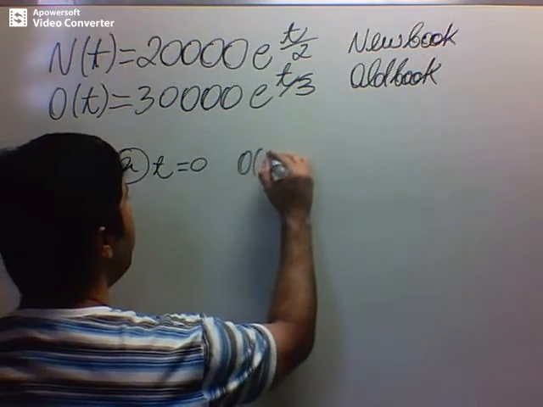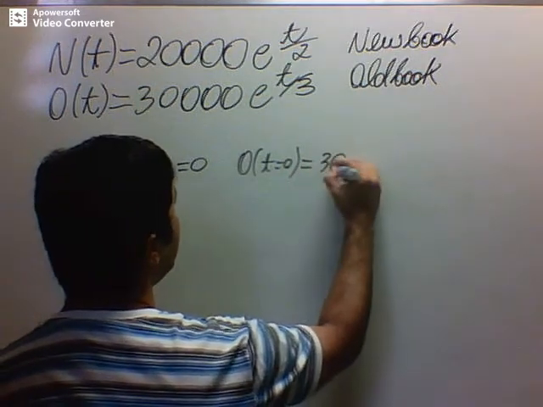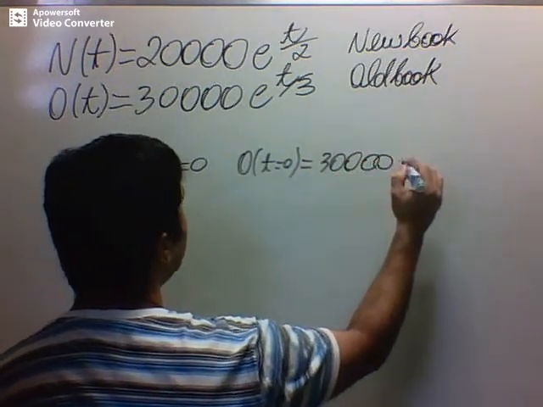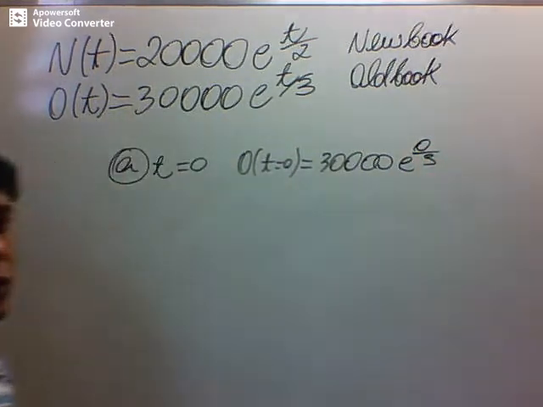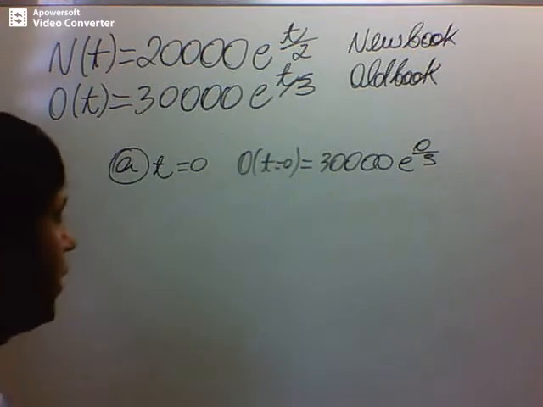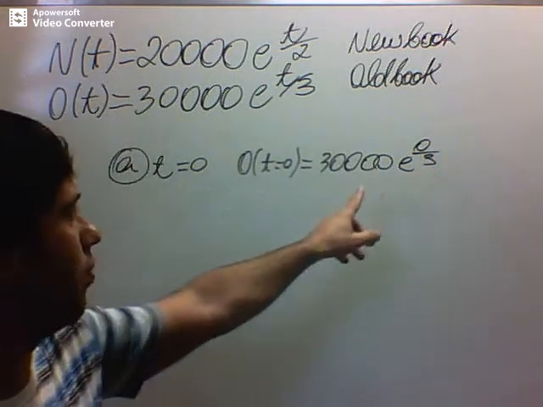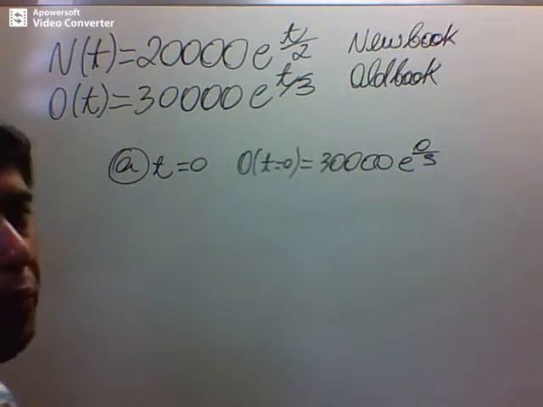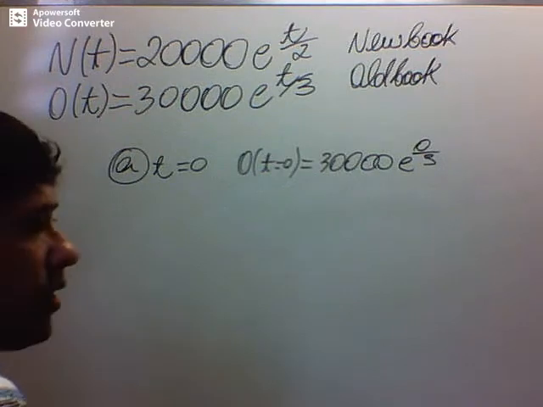Then O of t equal to 0 is going to be equal to 30,000 times e to the 0 divided by 3. We know that every number raised to the power of 0 is equal to 1.